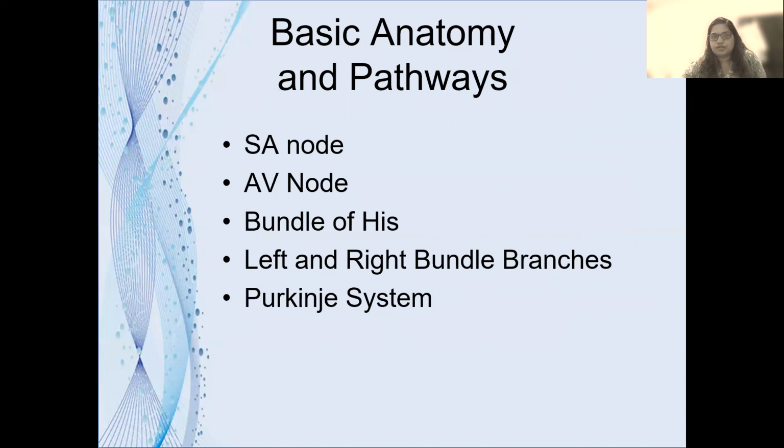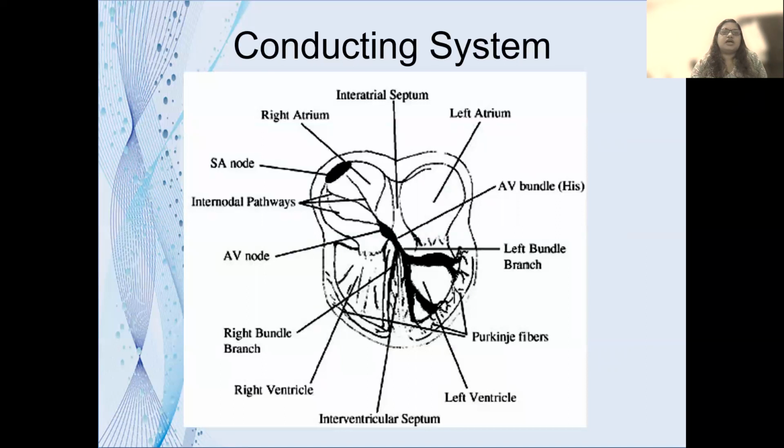The impulse starts from the SA node, which is called the pacemaker of the heart. From the SA node, the signal travels to the AV node, then to the bundle of His, and then it diverts to the left and right bundle branches. Then the Purkinje system. So from the SA node until the Purkinje system, you have the conducting pathways.